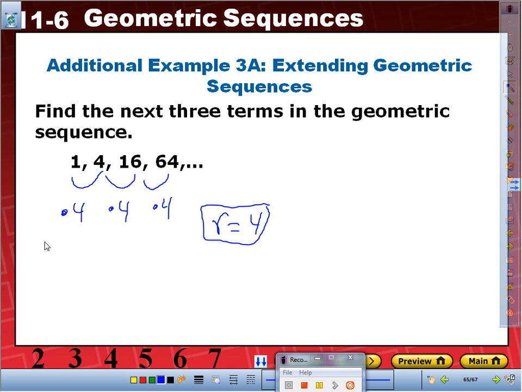Why the letter R? Because this is known as the common ratio. Common ratio. Where did they get the R from? Ratio. Are we there? And they ask us to find the next 3 terms. So what would be the next one here? 256. And the next one from there?